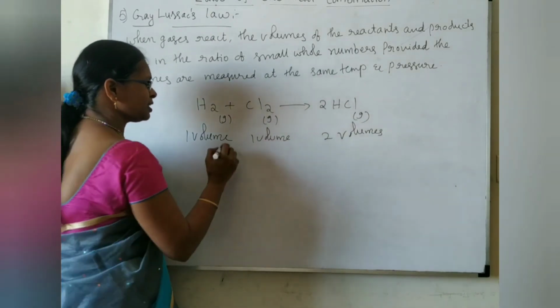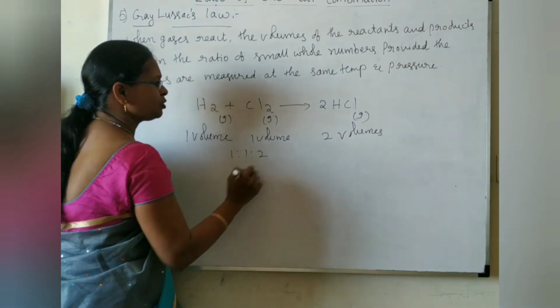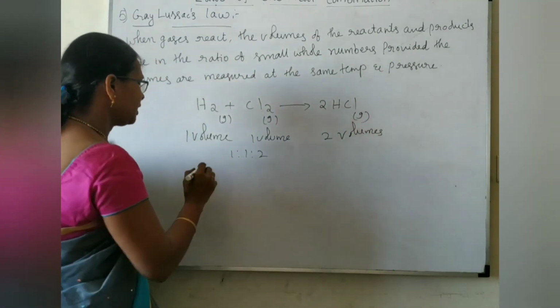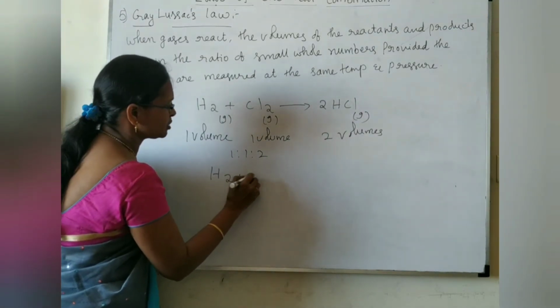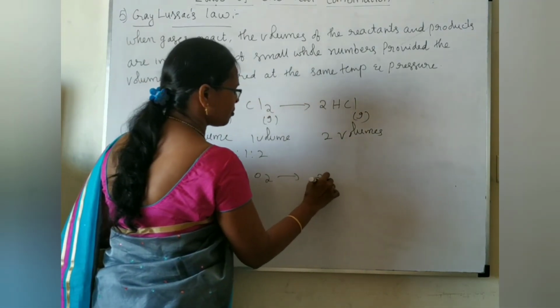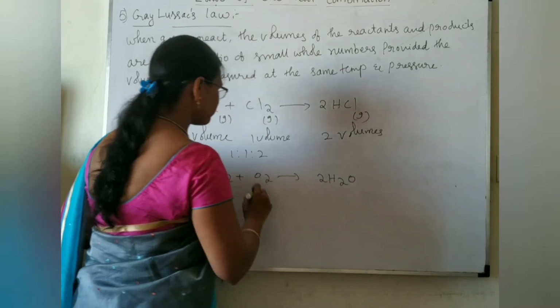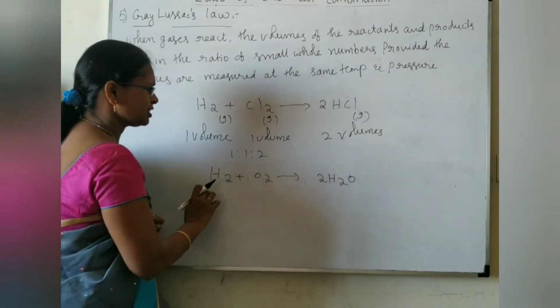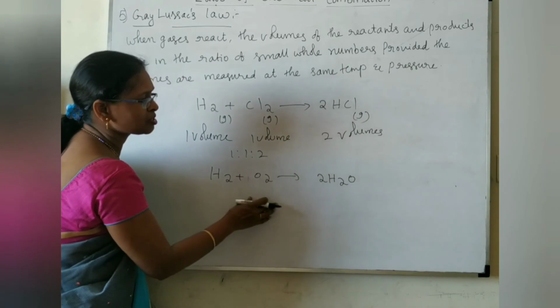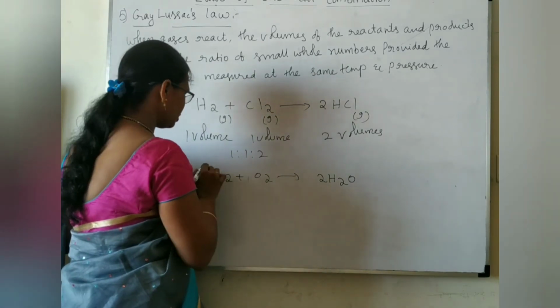So 1:2 ratio it is forming. Take a water molecule: hydrogen reacting with oxygen, forming water. H2 plus O2 gives 2 moles of water.